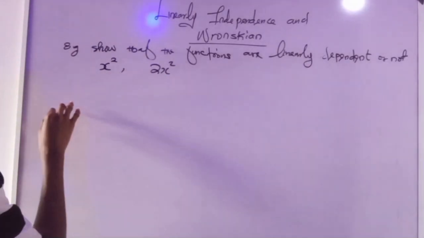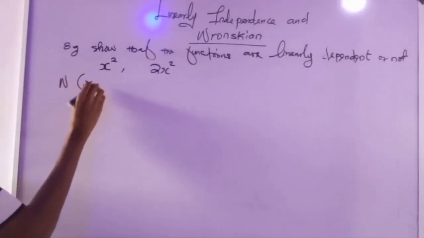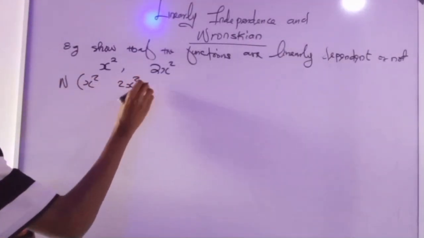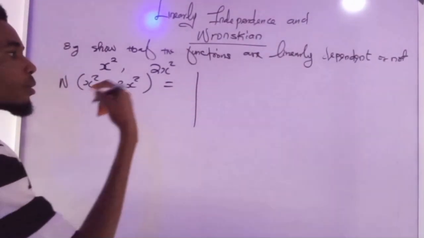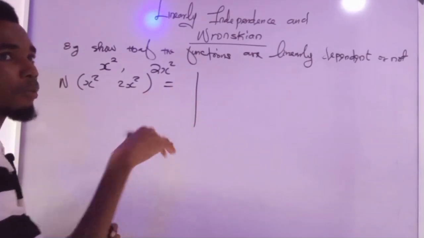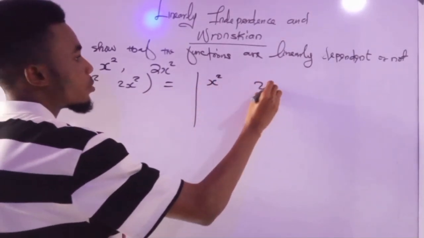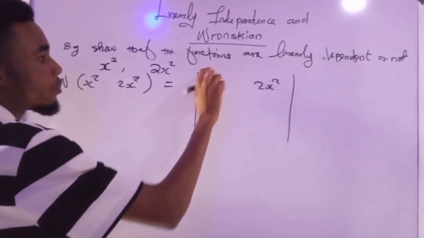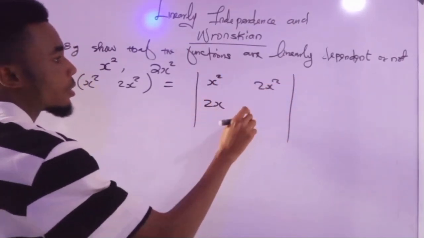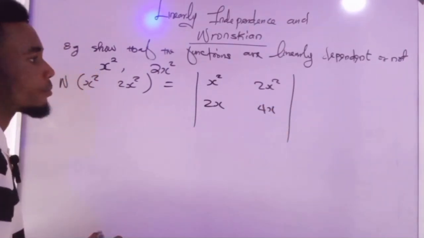So we are going to apply the Wronskian test. So let's apply the Wronskian test, W of x squared and 2x squared. Because I have two functions there, I expect the determinant of a square matrix of these two functions and their derivatives. So this goes like this, x squared and 2x squared. Now their derivative is going to be, derivative of this is 2x and the derivative of this is 4x.